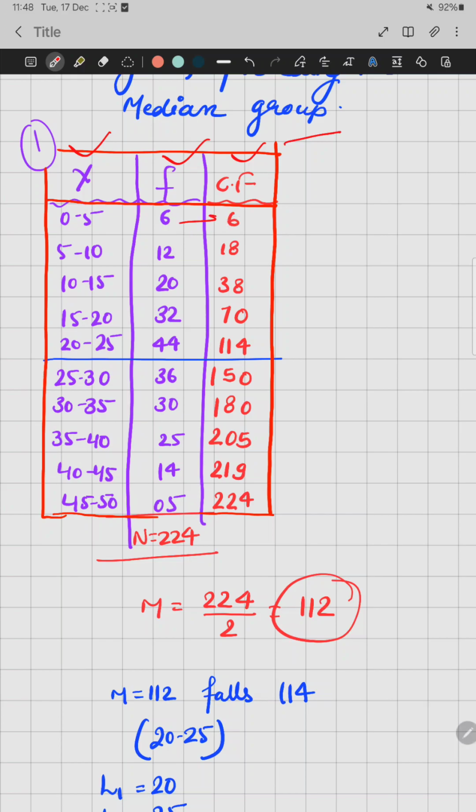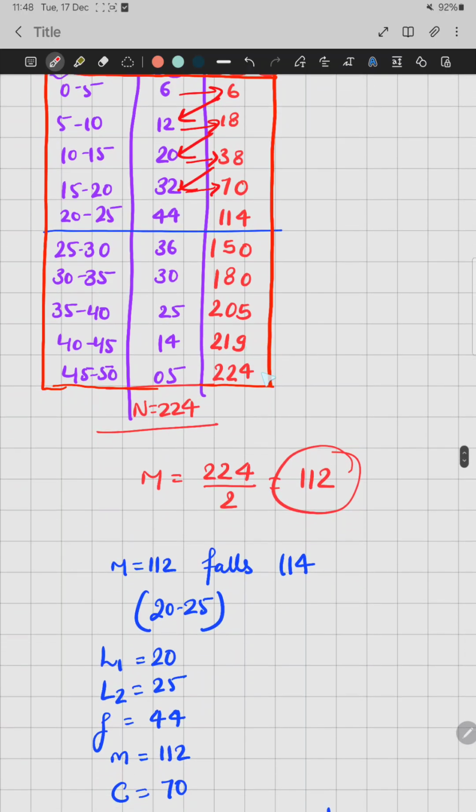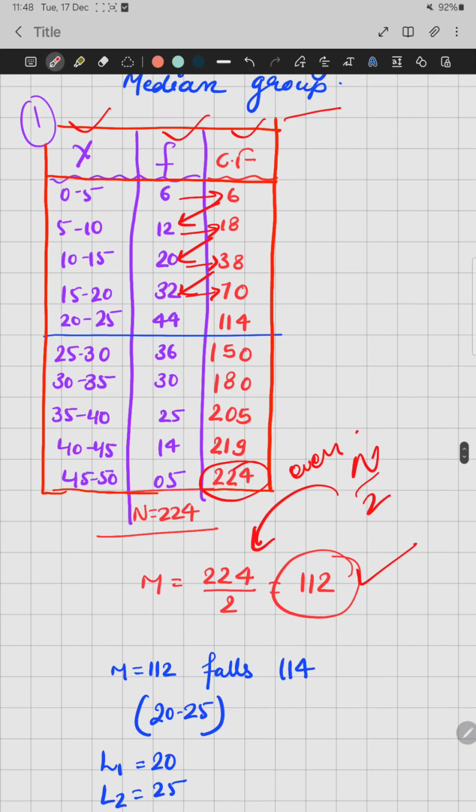Here the CF will be the counting of each F. So here your total will be 224, which is an even number. So your formula will be n by 2, and here you will put in 112. Now 112 will fall under this CF, right?